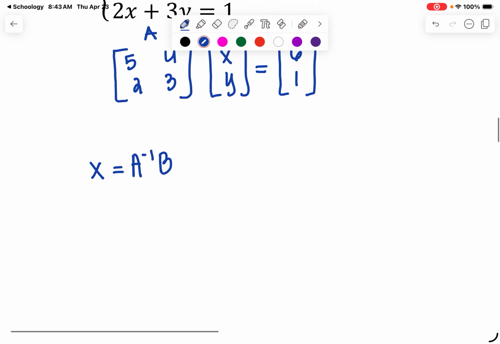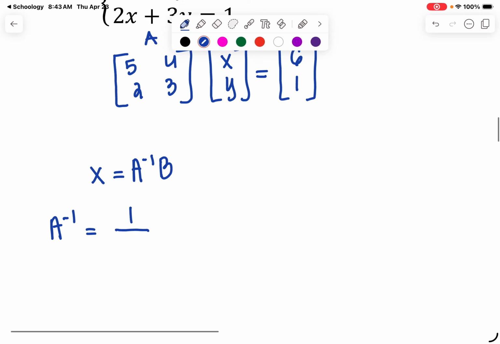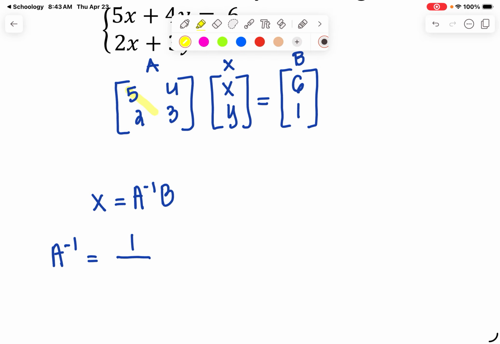Okay, so we're first going to find A inverse. To find A inverse, remember we have to do 1 over the determinant. So to get the determinant, we're going to multiply 5 times 3 and subtract 4 times 2. So that's 15 minus 8, which is 7. Then for the matrix, we are going to switch the order of these two. So it's going to be a 3 and a 5 instead of a 5 and a 3.